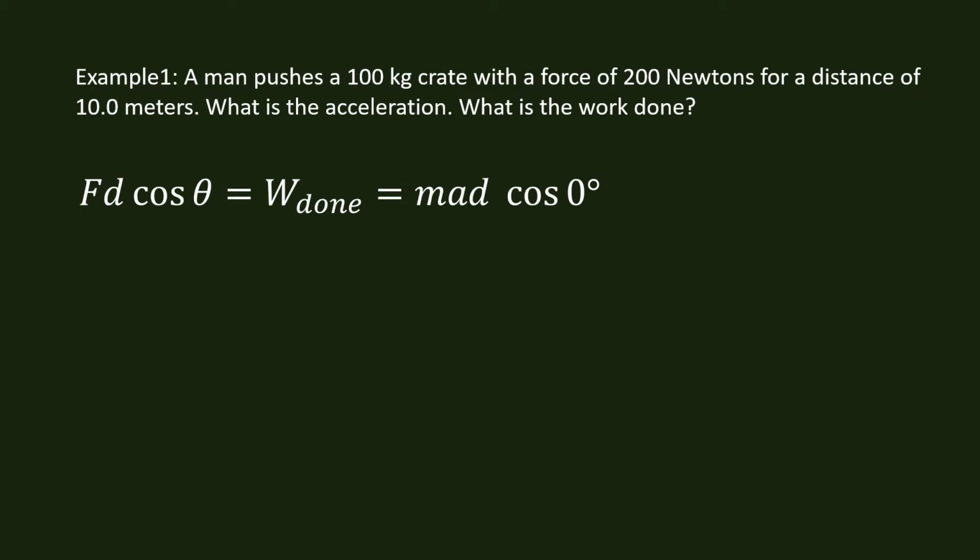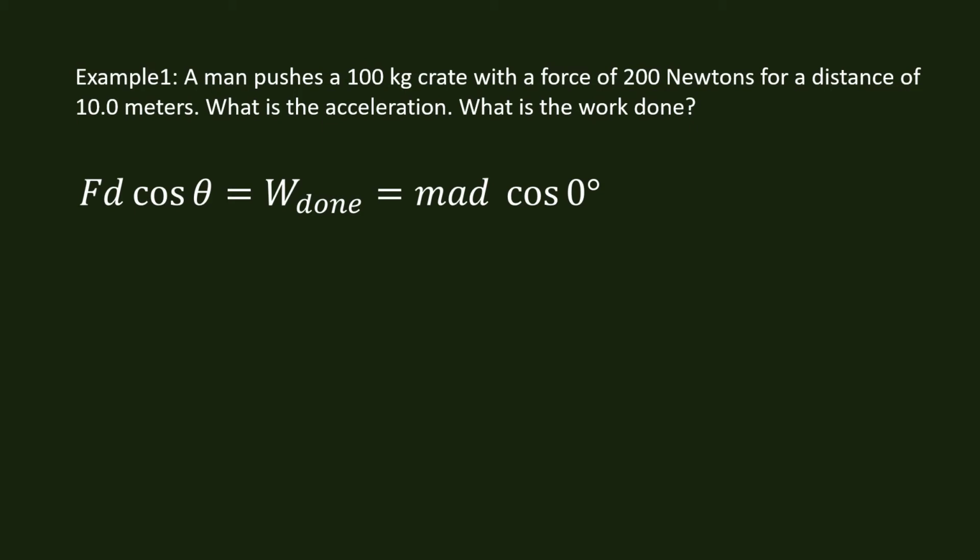Okay, so let's look at an example. Example 1. A man pushes a 100 kilogram crate with a force of 200 newtons for a distance of 10 meters. What is the acceleration? What is the work done? Okay, so we have our F d cosine theta, that is our work done equation. And we're just going to change it around. We're going to take that force and make it equal to Newton's second law, which is mass times acceleration.